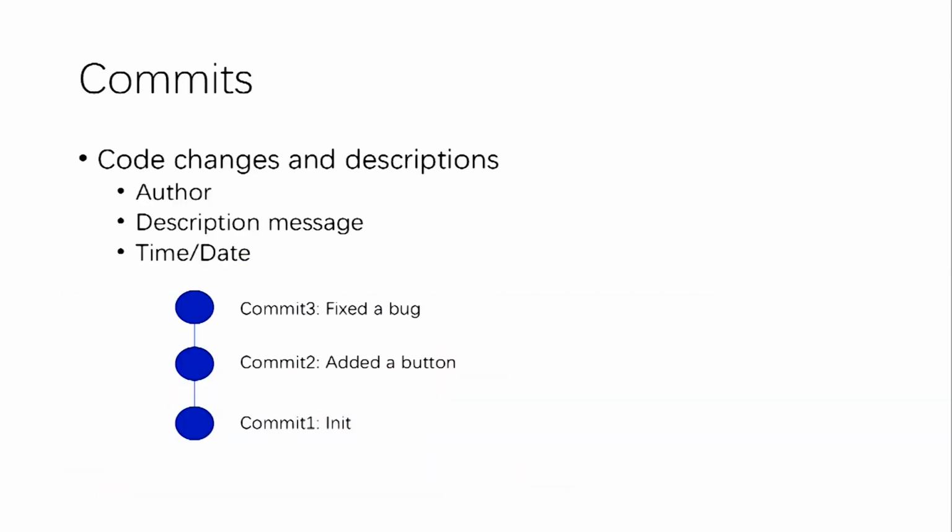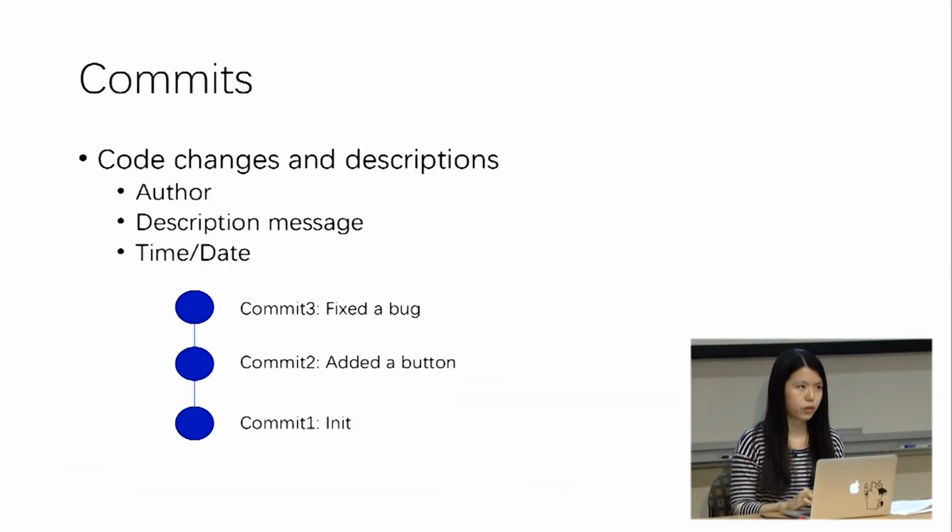Every batch of code changes is called a commit. The commit is a snapshot of all the code changes and also the description message. It has the author, description message, and also the time.